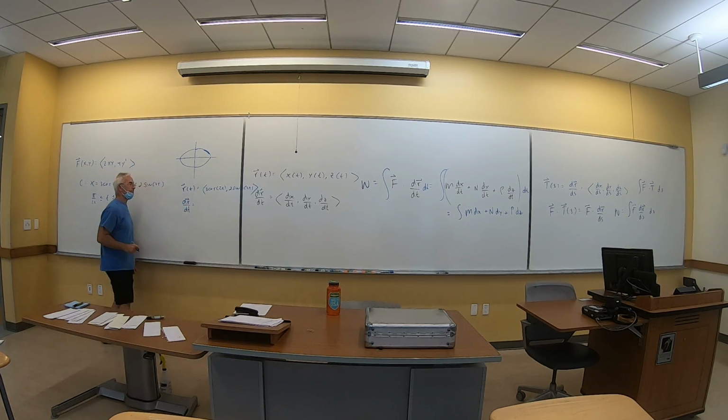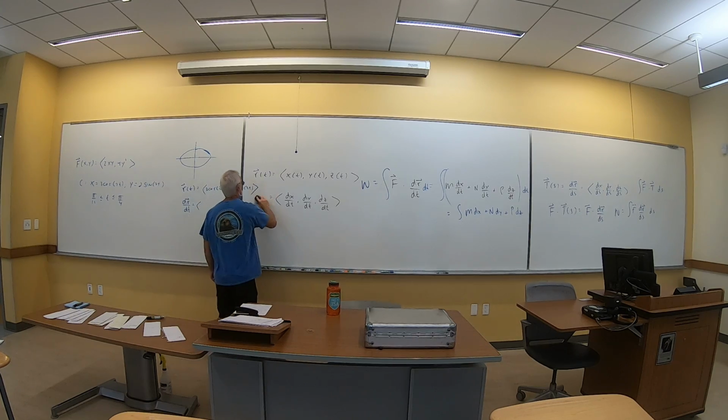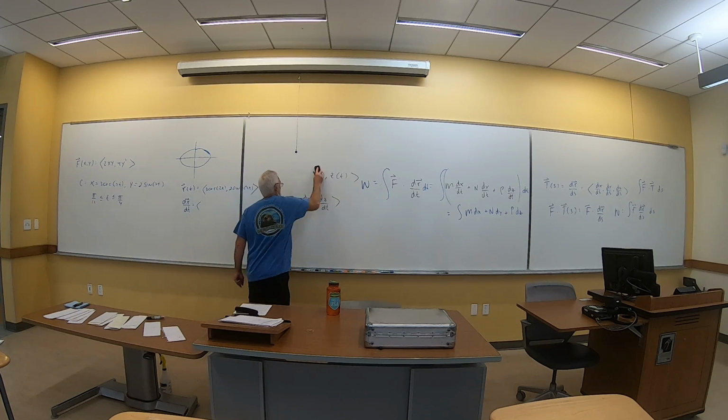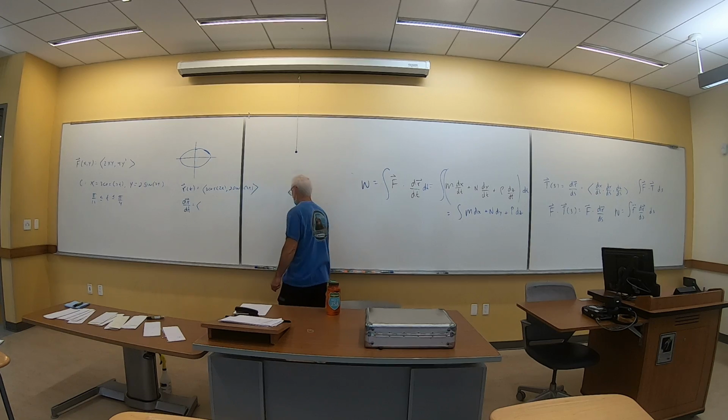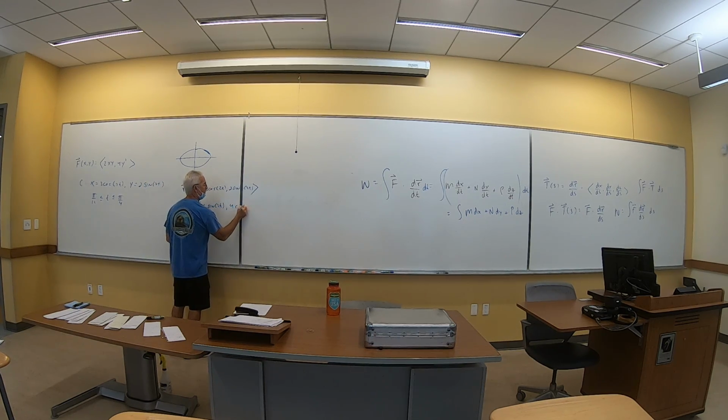And what will that be? Talk me through this. Negative 6 sine of 2t, 4 cosine of 2t. Beautiful. All right.